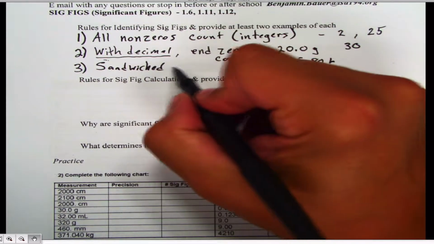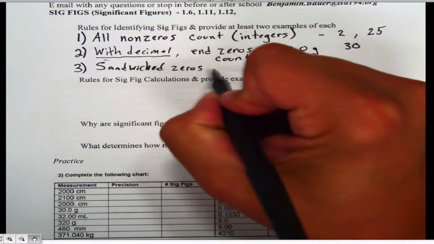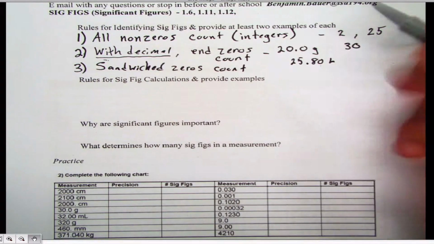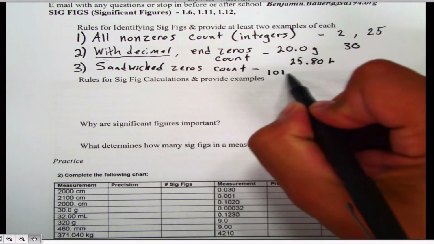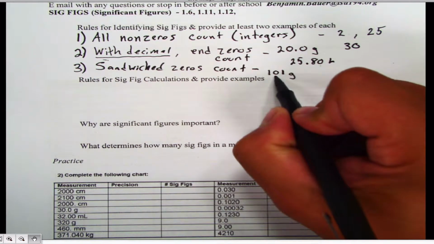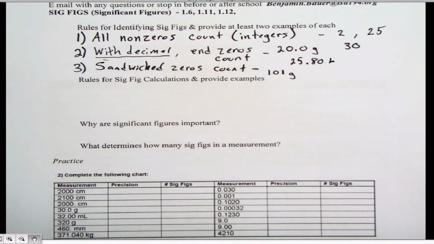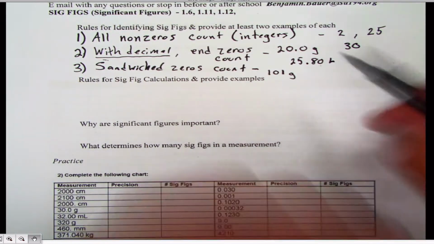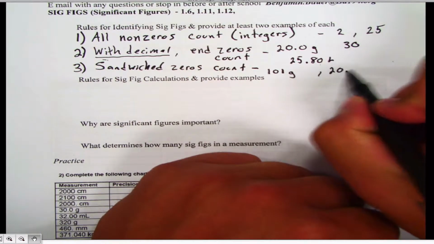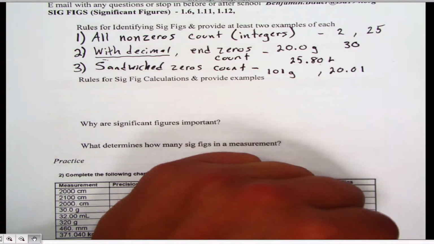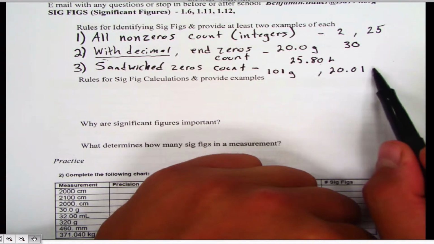And also the last one: sandwiched zeros count. What do I mean by sandwiched zeros? Well, if I have 101 grams, that 0 is between 2 integers or non-zeros. It counts when it's sandwiched in between. Another one would be something like 20.01, meters.